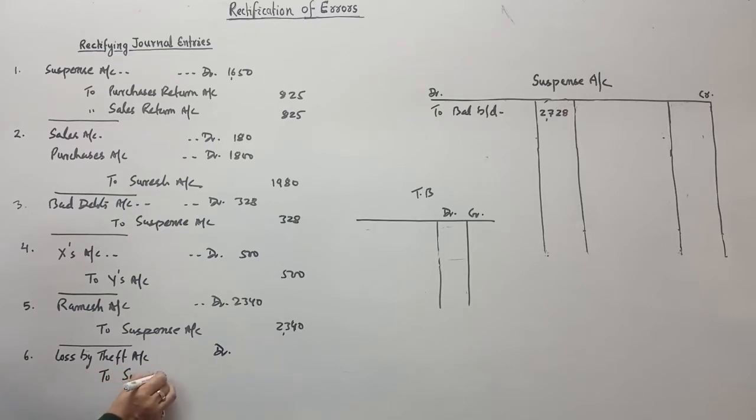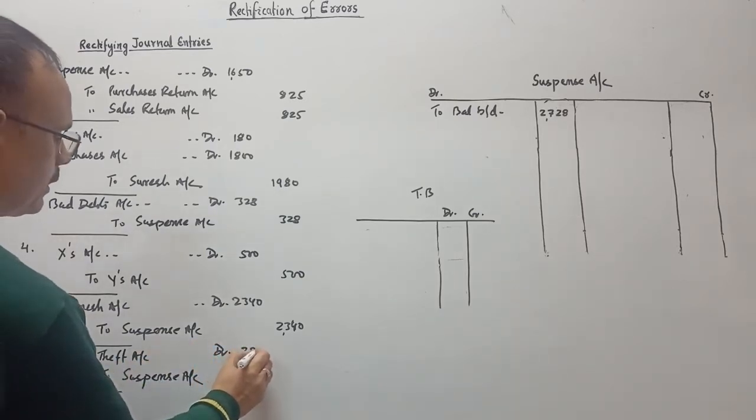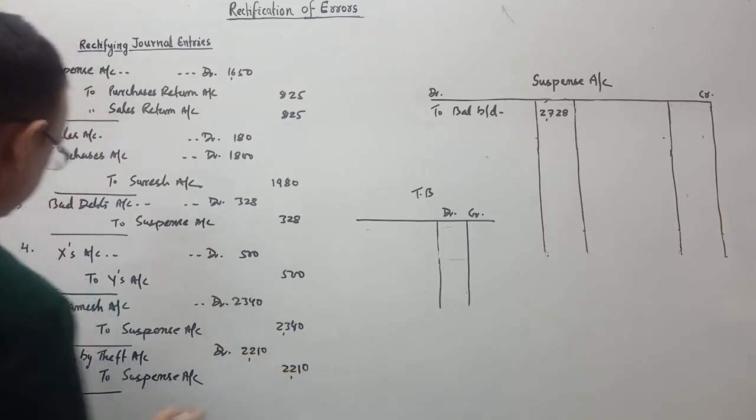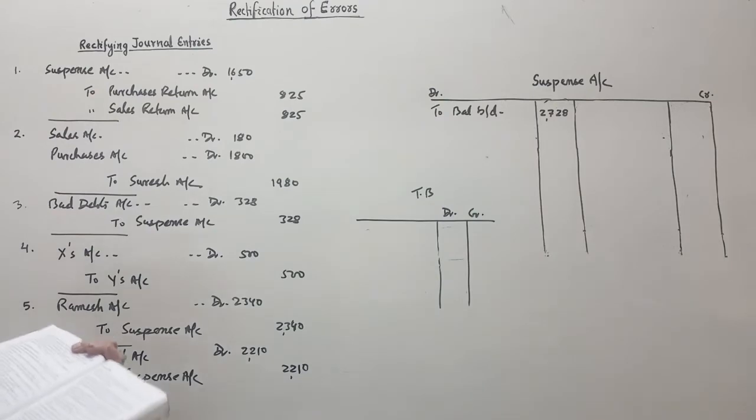So suspense will be credited and loss by theft will be debited, 2210.